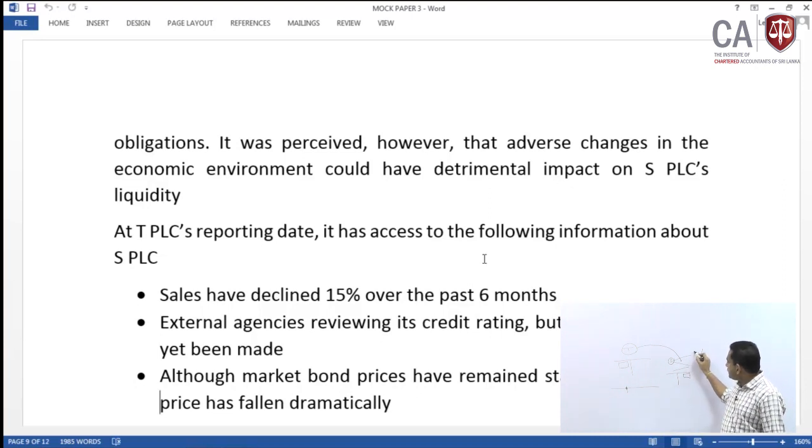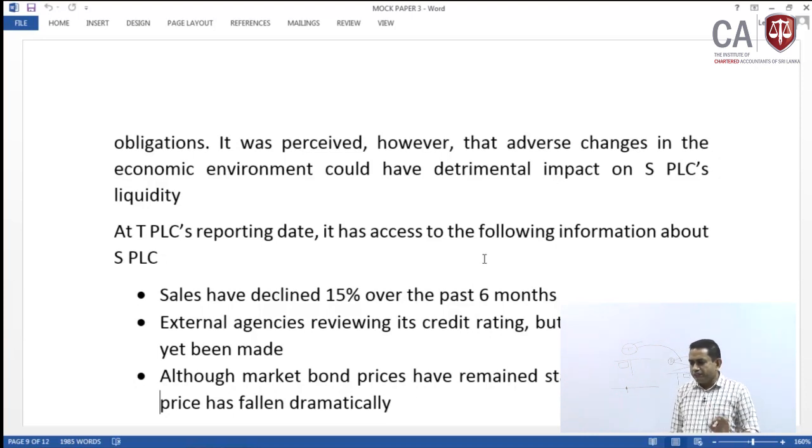And if this 15% drop in sales impacts the future cash flows, the investor company T will have a major difficulty of not being able to collect their contractual cash flows. That fact has to be taken into account in conducting the impairment review.